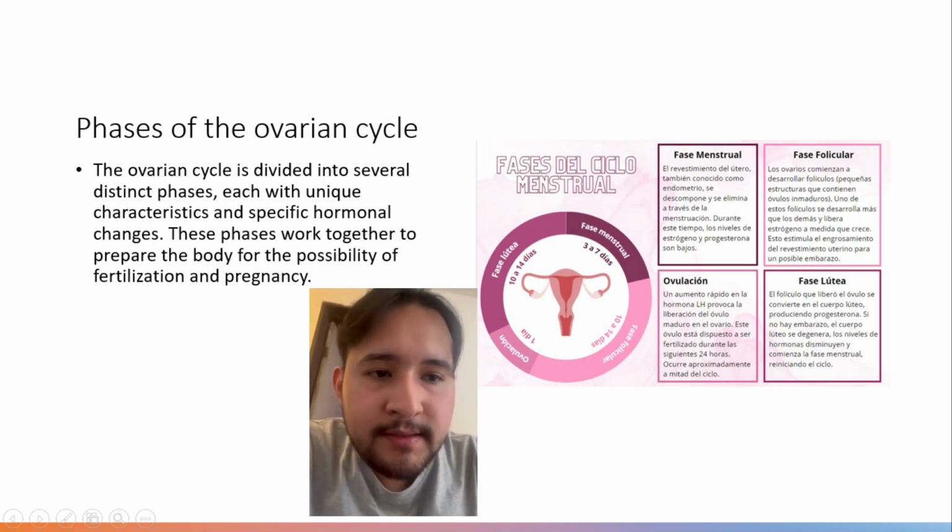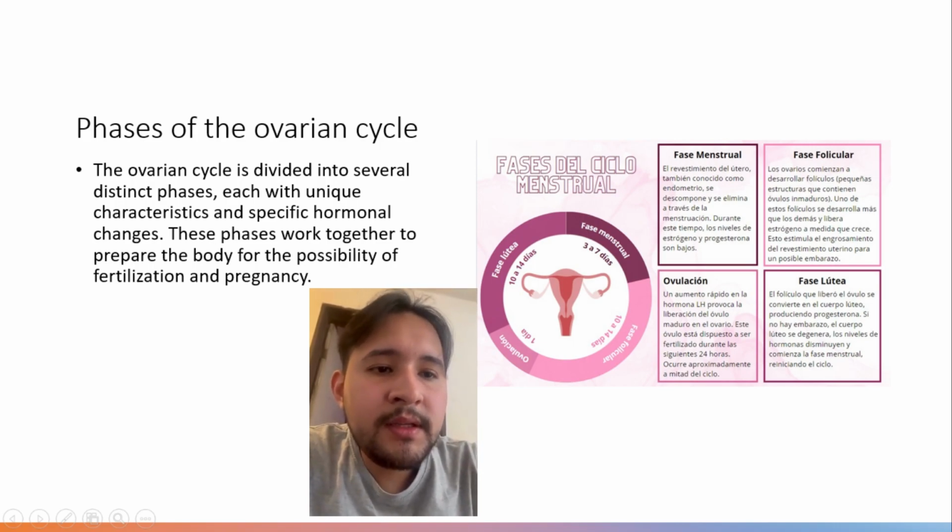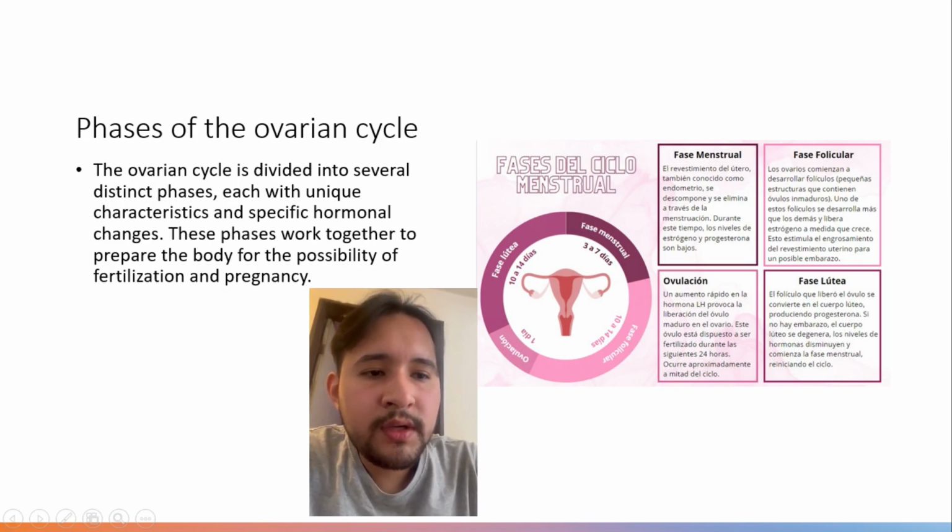The ovarian cycle is divided into several distinct phases, each with unique characteristics and specific hormonal changes. These phases work together to prepare the body for the possibility of fertilization and pregnancy.